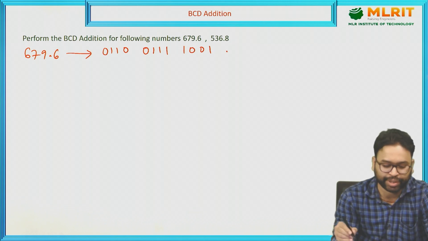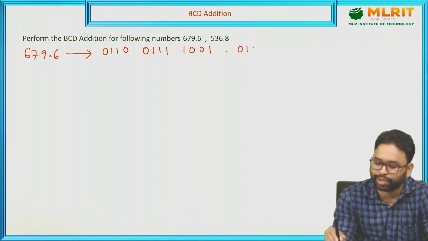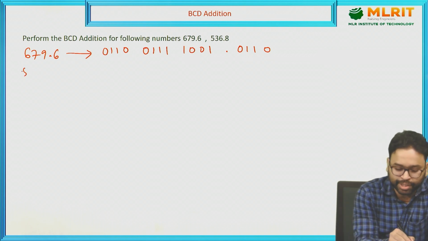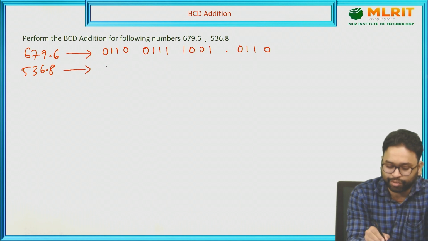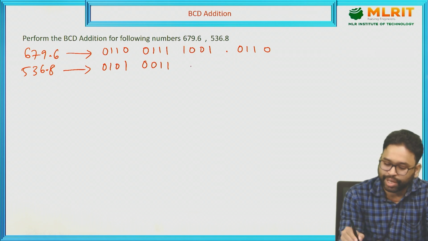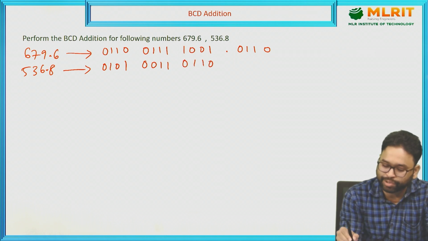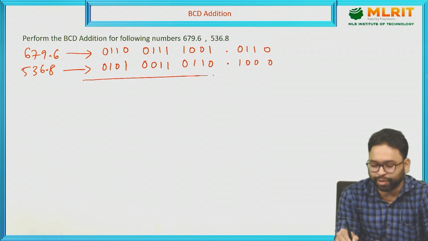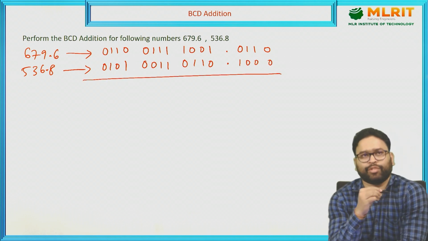Decimal point. After that, 6 will be 0110. Next, 536.8: 5 will be 0101, 3 will be 0011, and 6 will be 0110. After that, 8 will be 1000. These are the 4-bit binary equivalents for the given decimal values.